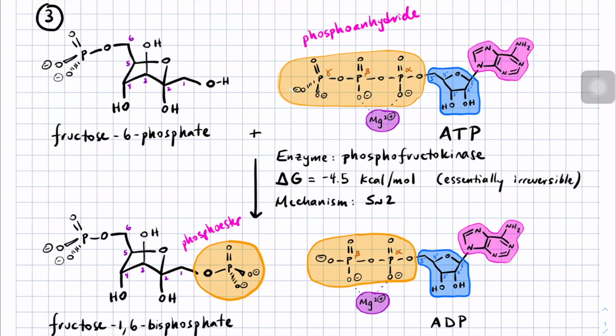And of course we get ADP as our leaving group. The mechanism is the same one we've seen before, SN2. All right, so we now have phosphate groups on either end. That's deliberate because in the next step, we're going to split this molecule up into 2 3-carbon pieces.